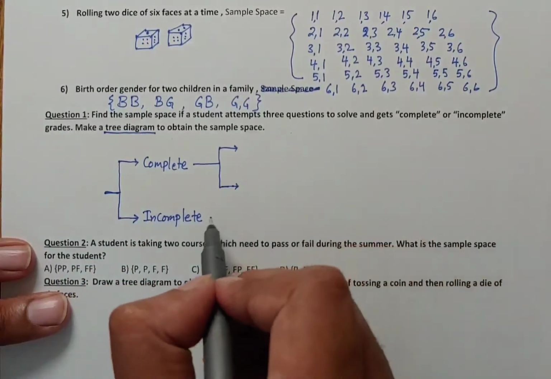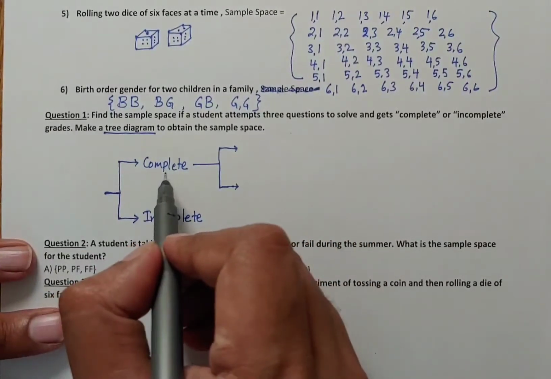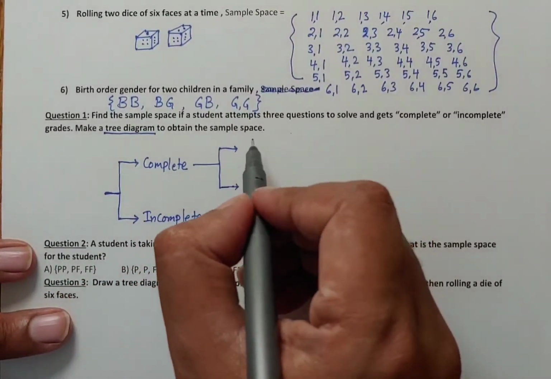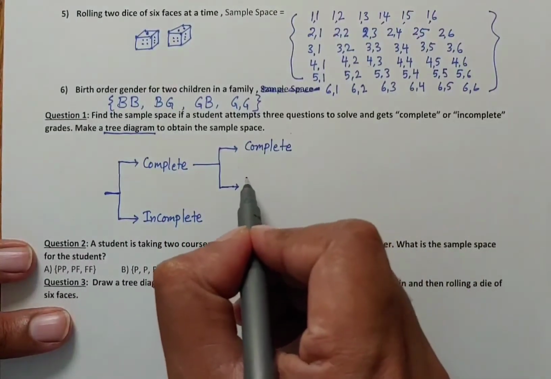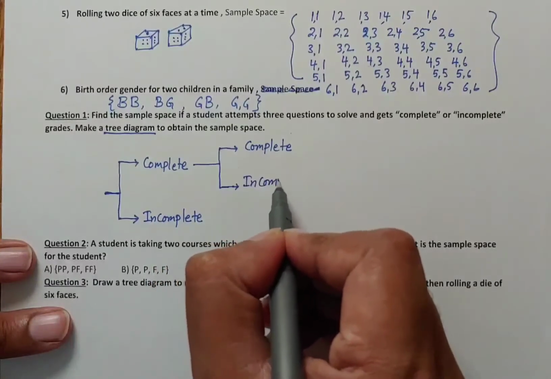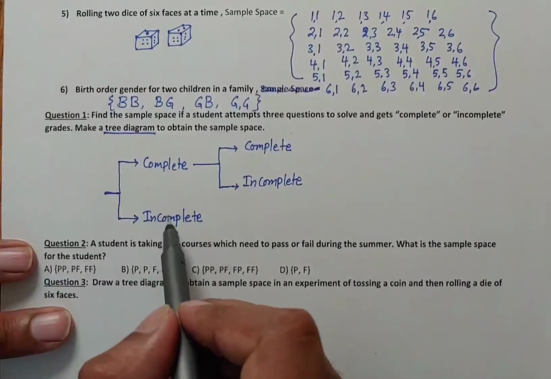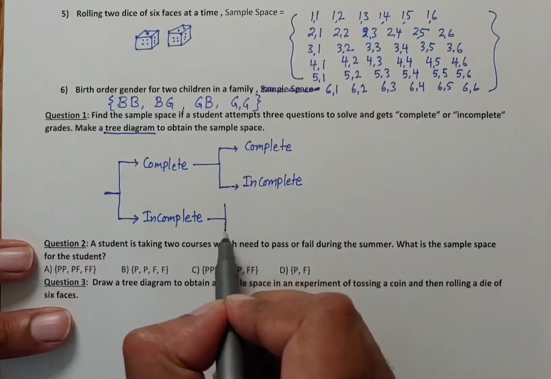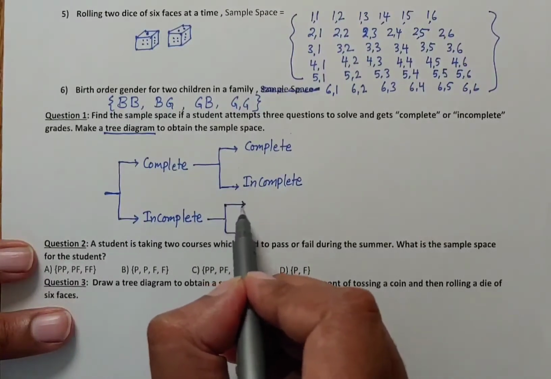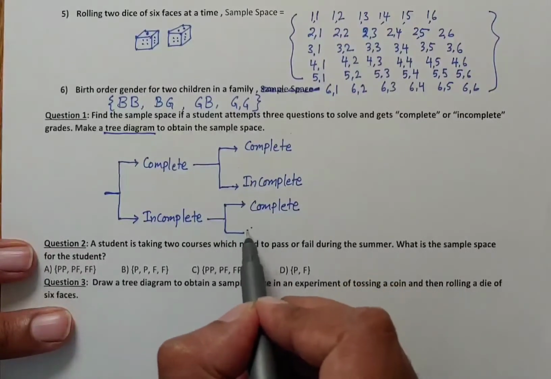Now second question has 2 possible options. If the first question was complete, then the second question can be complete or incomplete, right? So it can be complete or incomplete. Or in the first case, if it was incomplete, then in the second question it can be complete or incomplete.